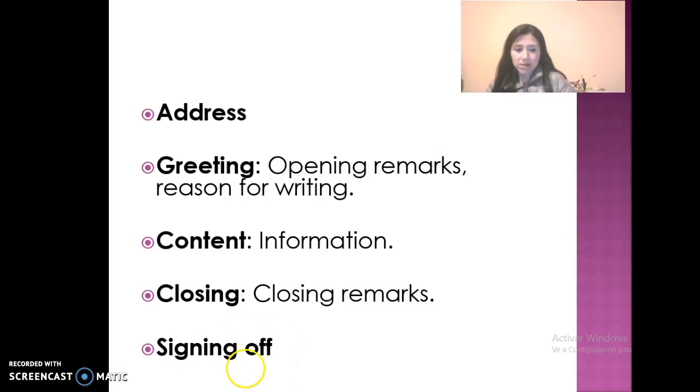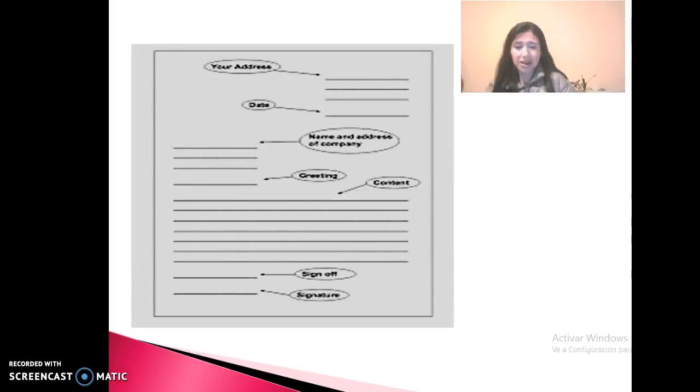All these 5 aspects are distributed in a format like this. This is a basic template to write a formal letter. This is the distribution that we need to apply. Right now, let's see how and what information you need to put for each of them.